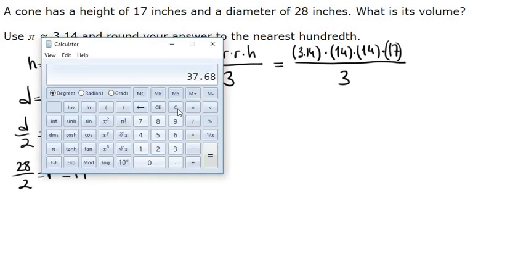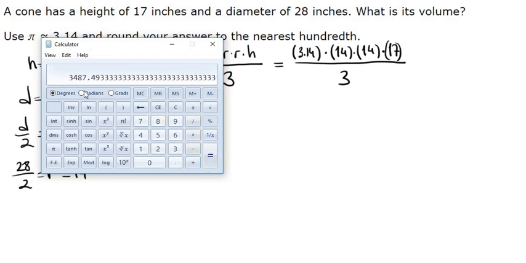Let's take out our calculator. Let's multiply 3.14 by 14, and multiply by 14 again, and multiply by 17. So this is our numerator, and we have to divide this by 3 in order to get the answer. So let's divide this by 3.